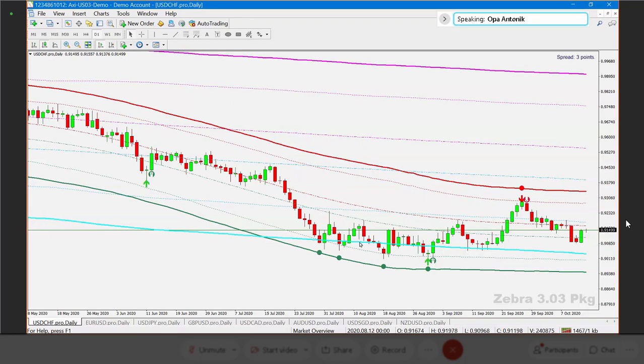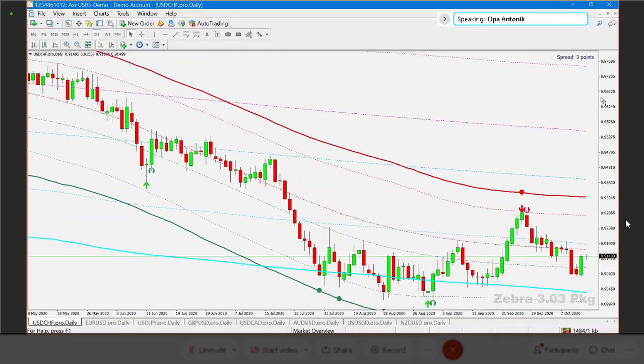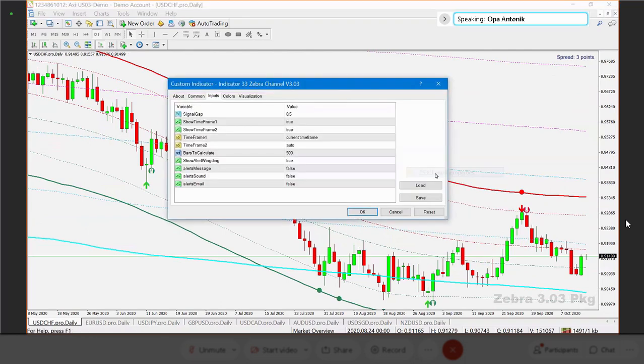Okay, so being oversold, now what we're probably going to be looking for are opportunities to get into some long positions. Let me go ahead and remove the two channels because I don't need them.